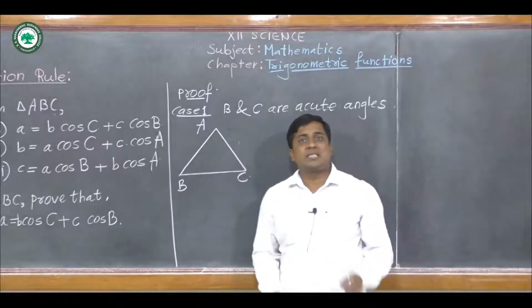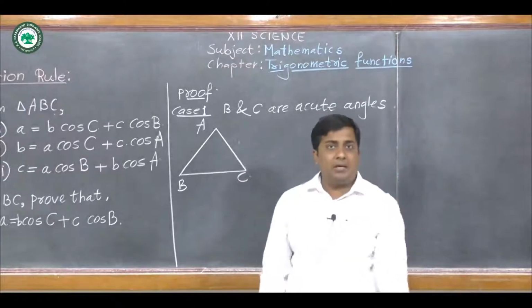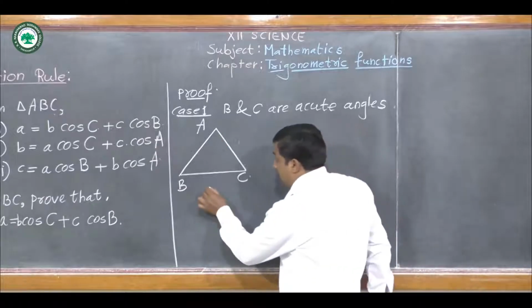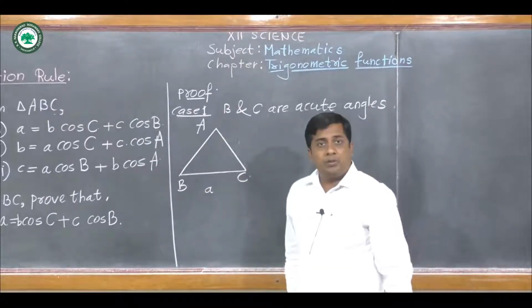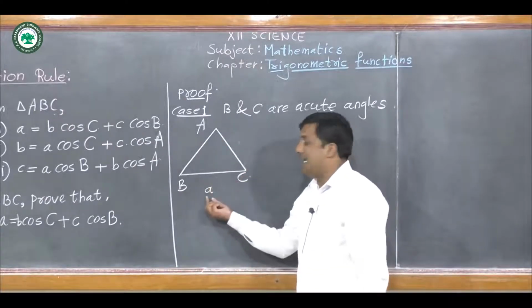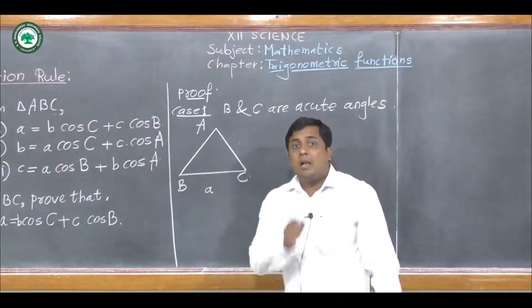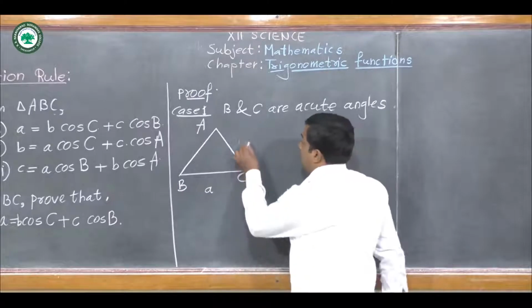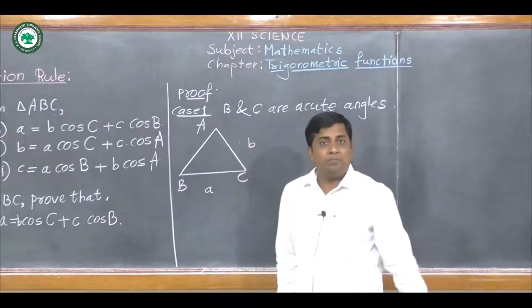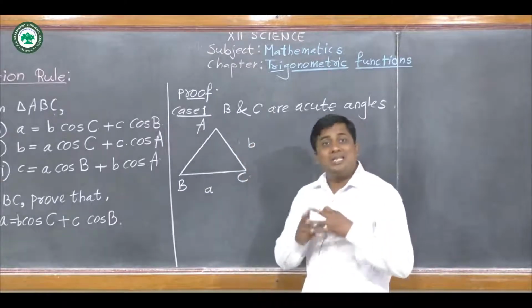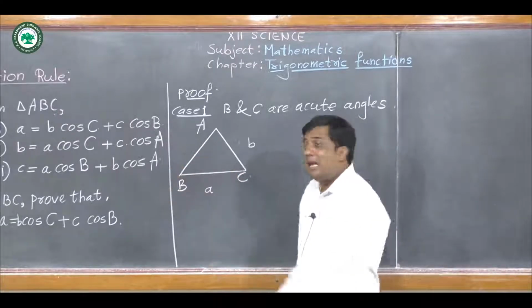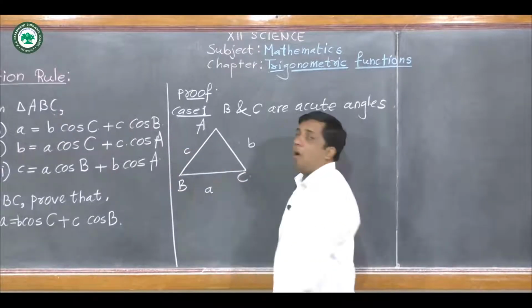Let us consider the sides of the triangle. The side opposite to angle A we consider as a, that is, the length of side BC is a. The length of the side opposite to angle B is small b, and the length of the side opposite to angle C, which is AB, is small c.